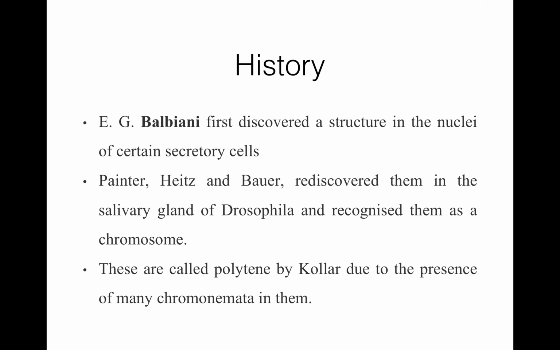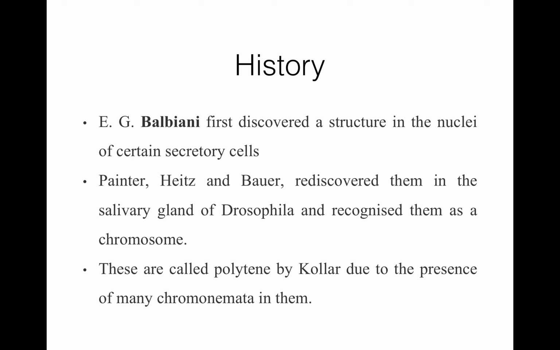But they were recognized as chromosomes by Theophilus Painter and Heitz. They rediscovered them in the salivary gland of Drosophila and recognized them as chromosomes. As these chromosomes were discovered in salivary gland cells, they are called salivary gland chromosomes.